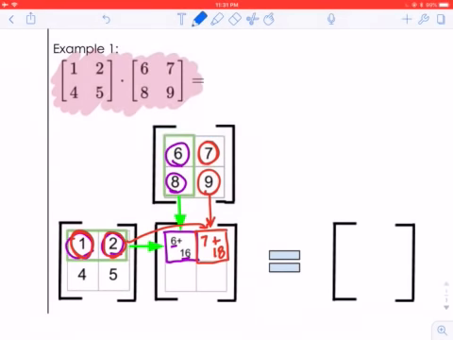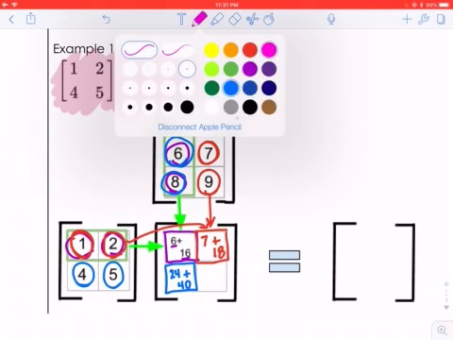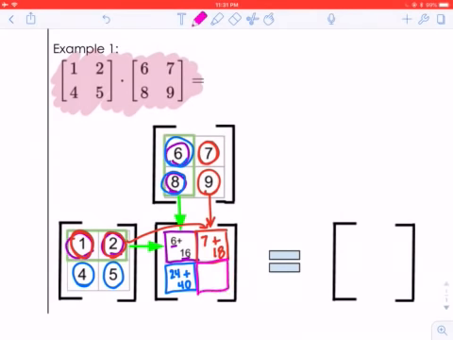If I'm looking for this blue box down here, I'm going to do 6 times 4, 24, plus 8 times 5, 40. And then in the last box, I'm going to do the last row and the last column. So 7 times 4, 28, and 9 times 5, 45.